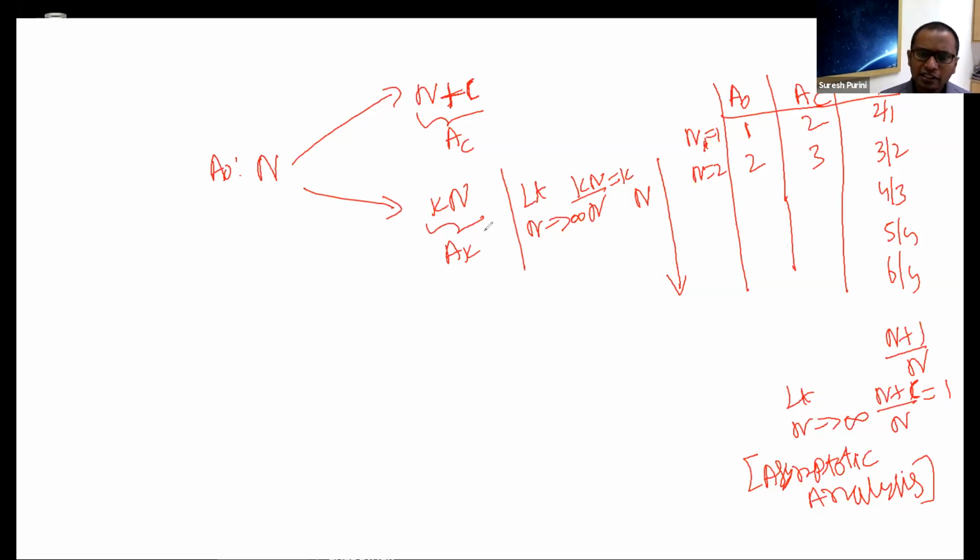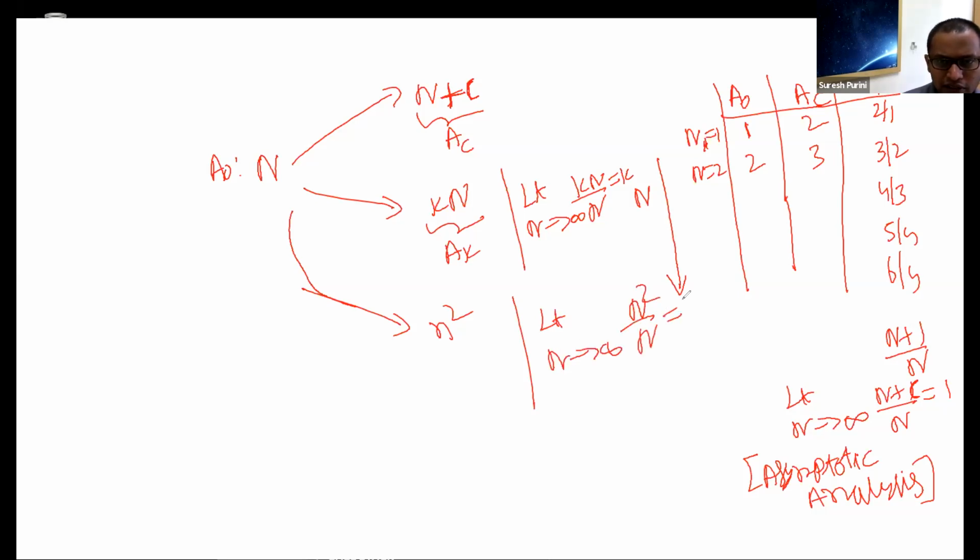because as the value of n increases, it is not the case that it grows bad. But let's say you have another algorithm which takes time n square, then this is going to be an issue, because if you take the limit as n tends to infinity, n square divided by n is equal to n. So what happens is the gap between these algorithms keeps increasing as the value of n keeps going.